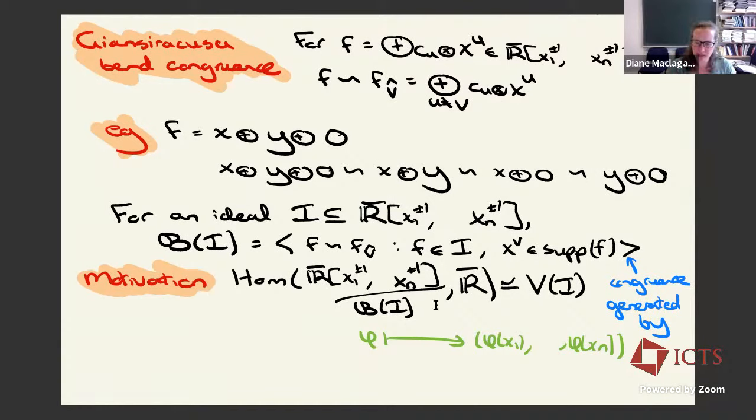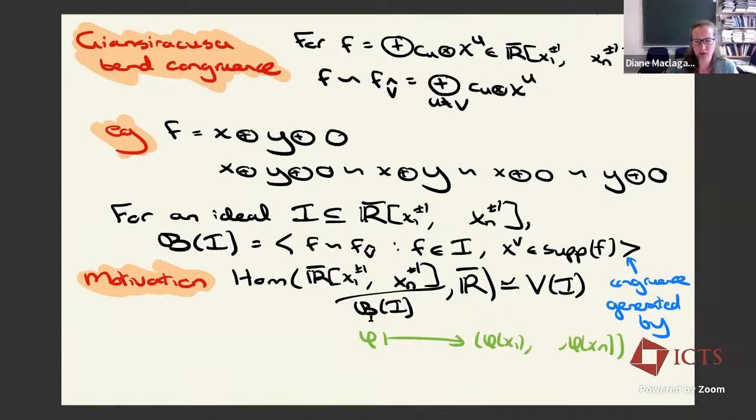A different way to say the motivation is to think of this as taking the R bar valued points of the scheme that I haven't defined yet. If I take homomorphisms of semi-rings from this quotient to R bar, this is the same as the variety.